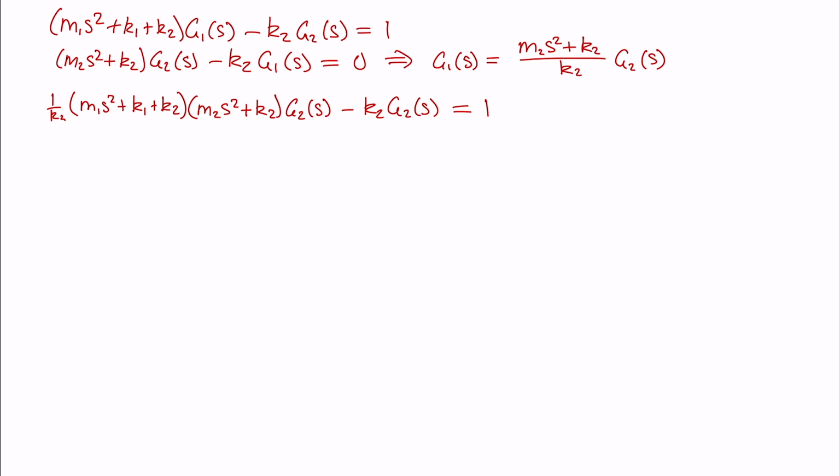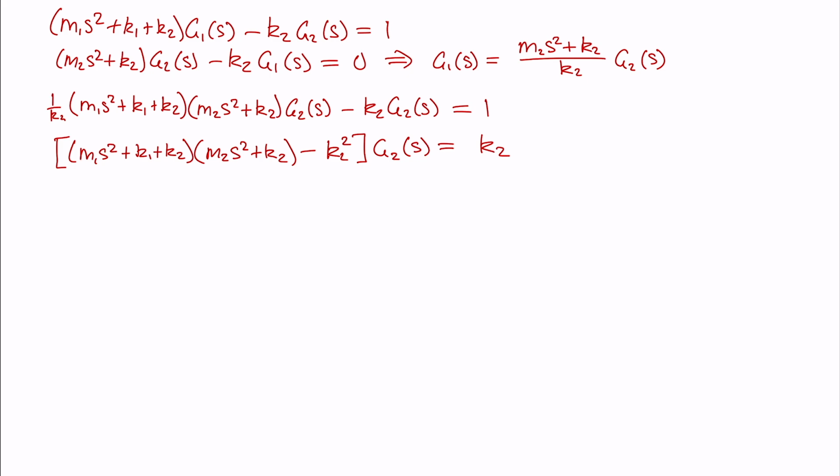From here, we're going to multiply by K2, and then group up terms. So we're going to get the quantity M1 S squared plus K1 plus K2 times M2 S squared plus K2 minus K2 squared, all that times G2 of S is equal to K2.